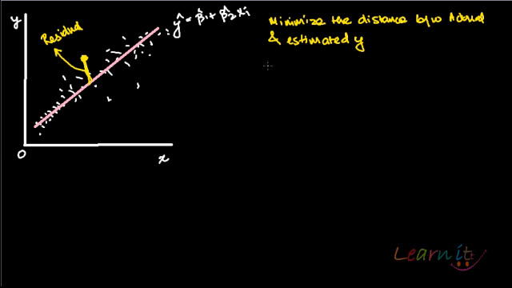That is what you want to do. And what are these residuals? These residuals are u_i hat. What we normally do is try to minimize this over beta 1 hat, beta 2 hat, of course. This is nothing but your OLS.